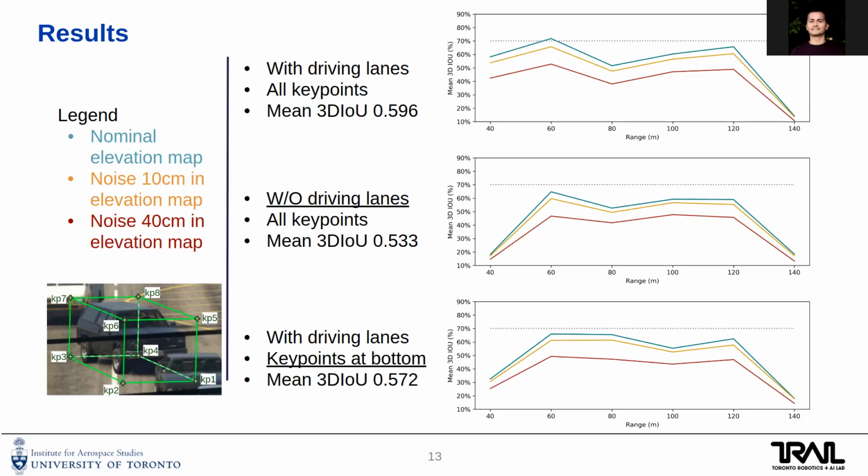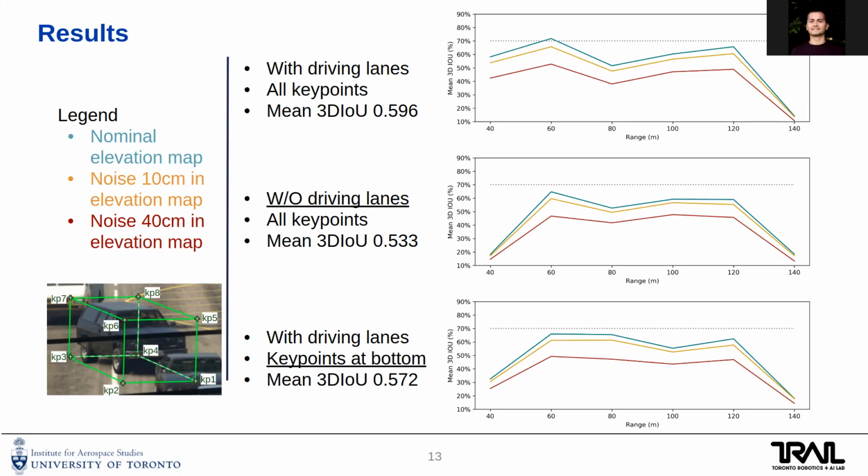Let's start with the legend on the left, which describes the meaning of each color. One of the experiments we run uses the elevation map as it is originally. We also introduce random noise in the range from 0 to 10 centimeters in elevation.